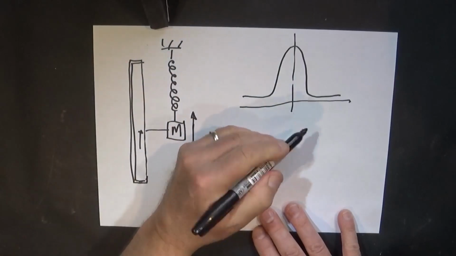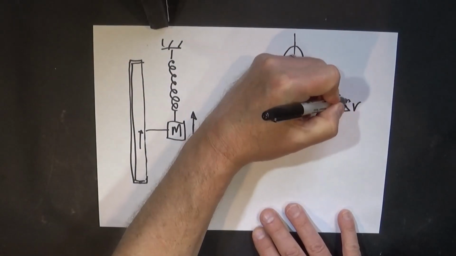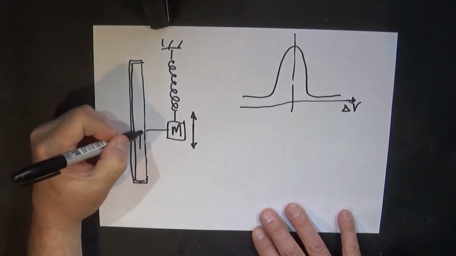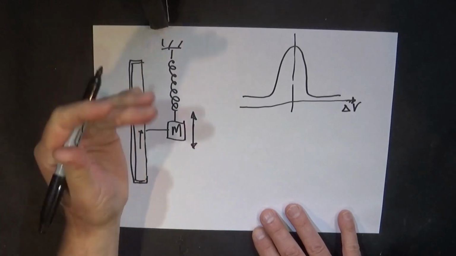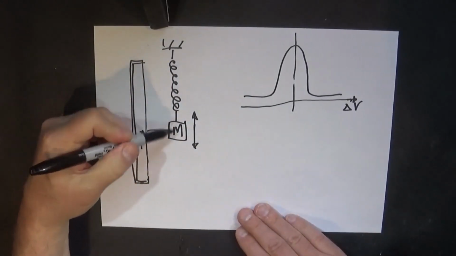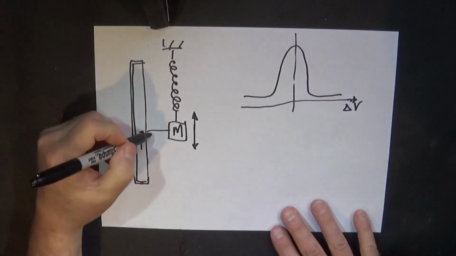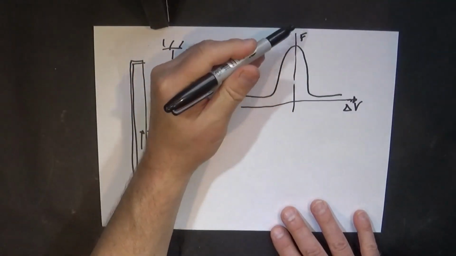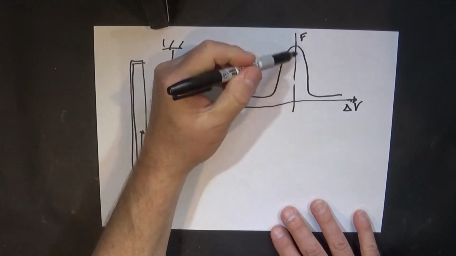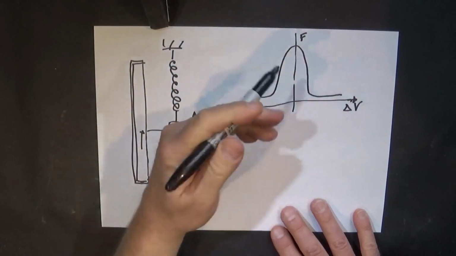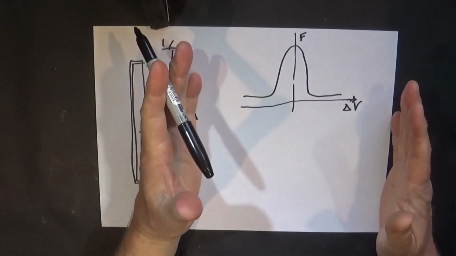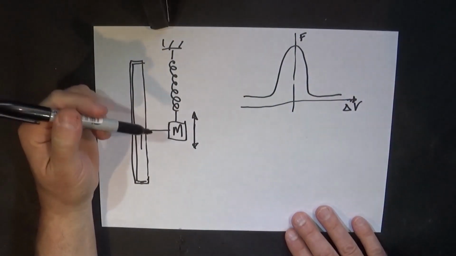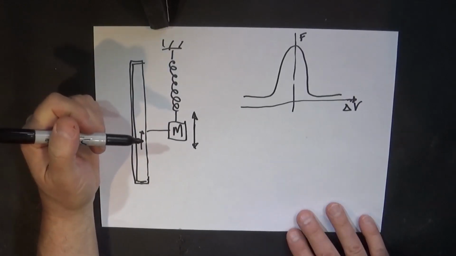And this is the delta V, which is the difference in speed between the mass and the bow. The bow is going on constantly and the mass is bouncing up and down. And when they're very close in speed, the bow is applying a force to the mass, so giving it a kick, and then when the speed is different, the bow is having very little effect on the mass.